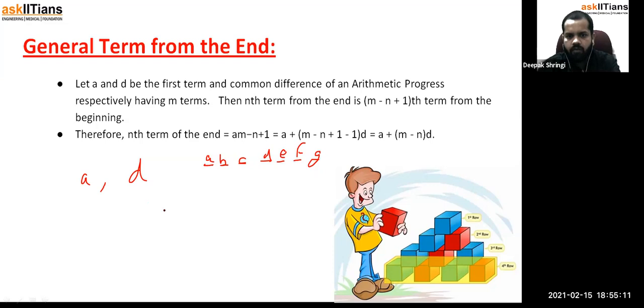Third term from the beginning will be your C, right? What if I tell you to find the third term from the end? Third term from the end will be your E.